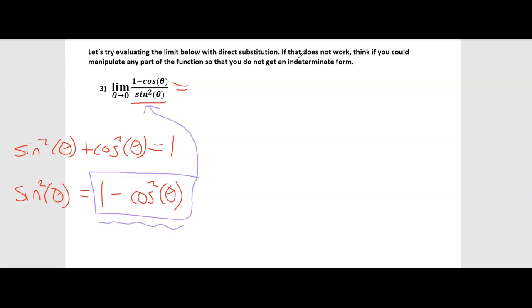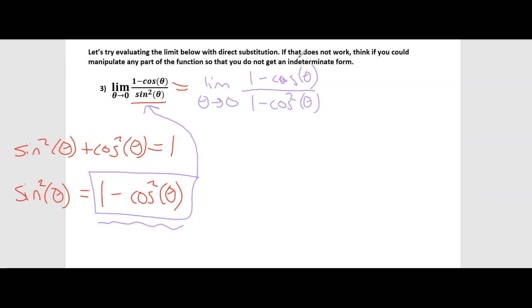And you'll notice that this looks somewhat similar to what we have in our numerator, right? So we may be able to do some more manipulation to simplify out some common factors. So I'm going to keep my limit. I'm going to have 1 minus cosine of theta in my numerator. And I'm going to have 1 minus cosine squared of theta in my denominator.